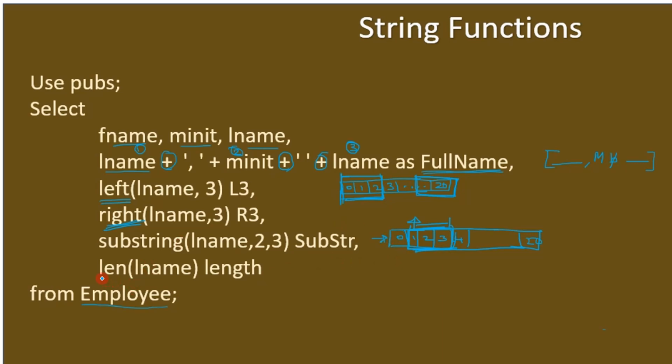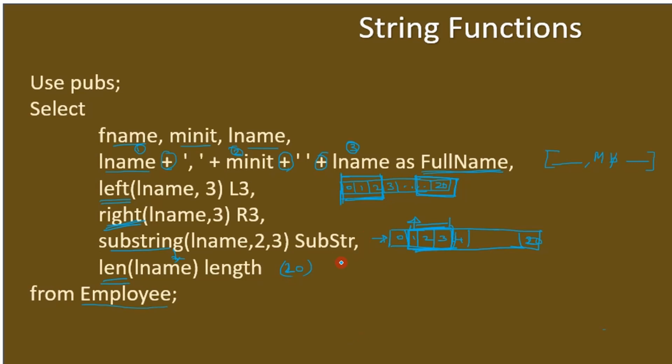Then we have the function length. To length we can pass the string, and that will calculate the string length. Here, since the string is 20 characters long, it will tell the length is 20.